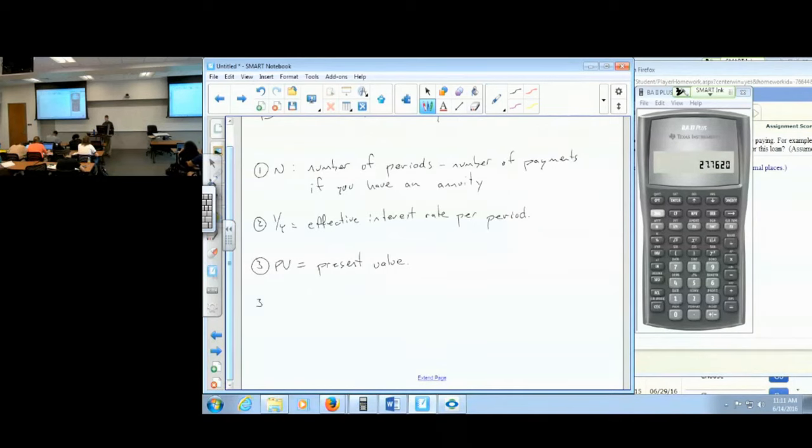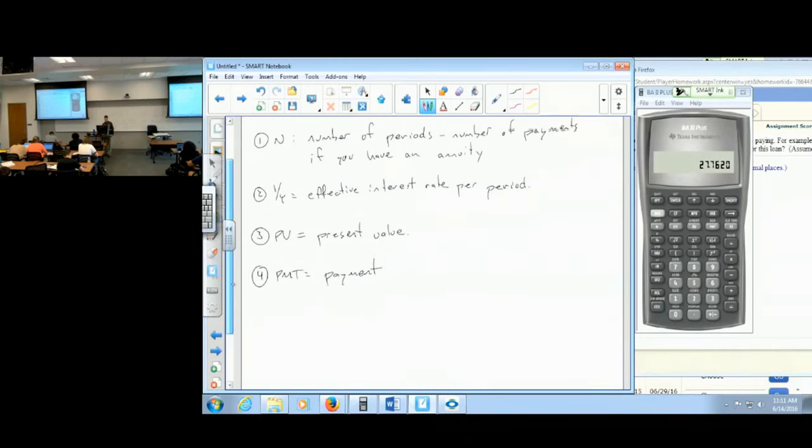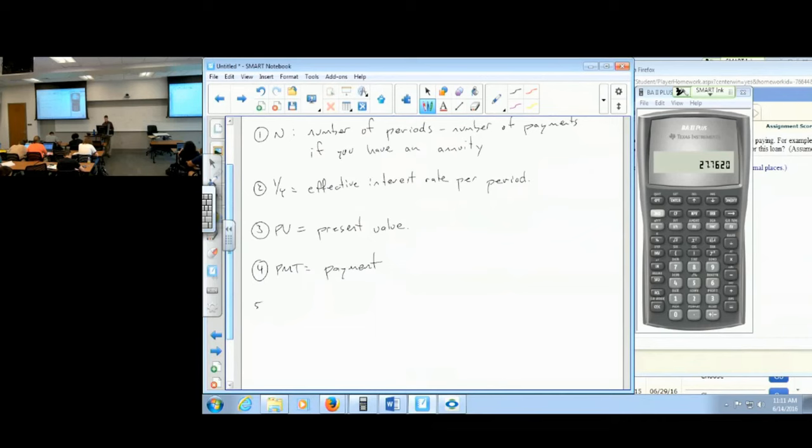The 3rd key, PV, is present value. Roughly familiar with that by this point. PMT is payment. And then finally, the 5th key, FV, is future value.